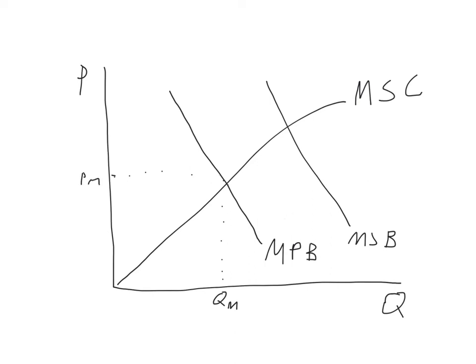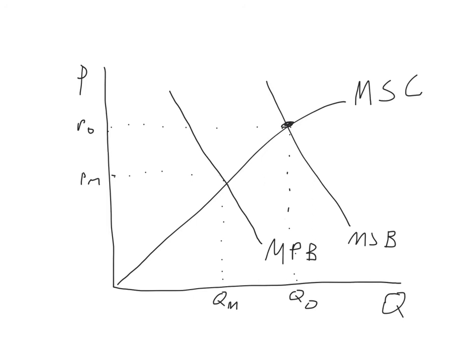And where the marginal social benefit meets the marginal social cost is this point right here, what we call socially optimal in a positive externality. At this point will be the quantity at socially optimal and price at socially optimal.